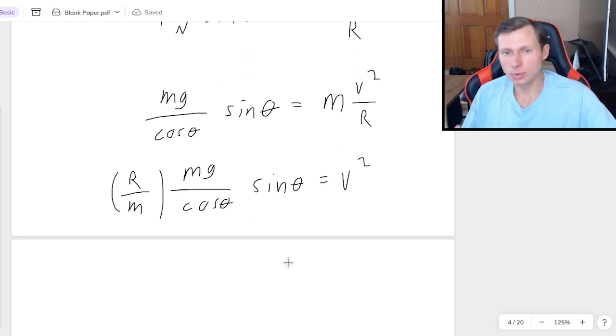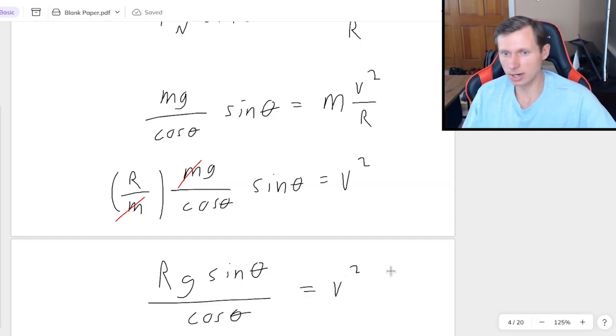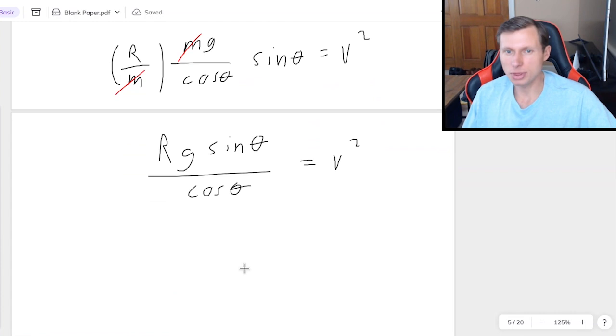Now I know we don't know mass, but I've got good news. Mass is going to cancel right here. And so that means I'm just left with r times g times sine theta, all in the numerator, and then in the denominator is cosine theta, equals v squared. And then one more thing I want to show you. Sine over cosine is tangent, right?